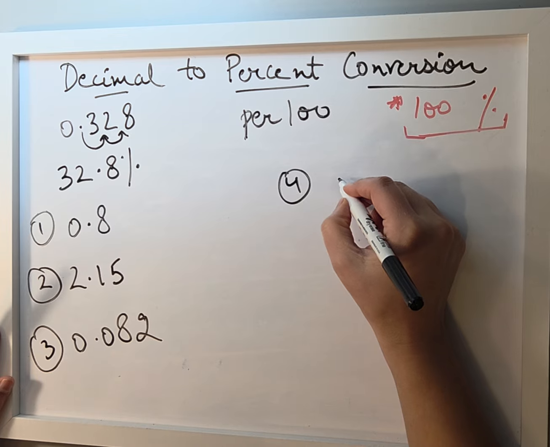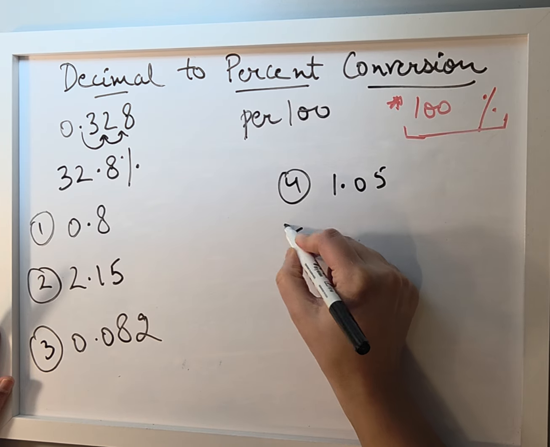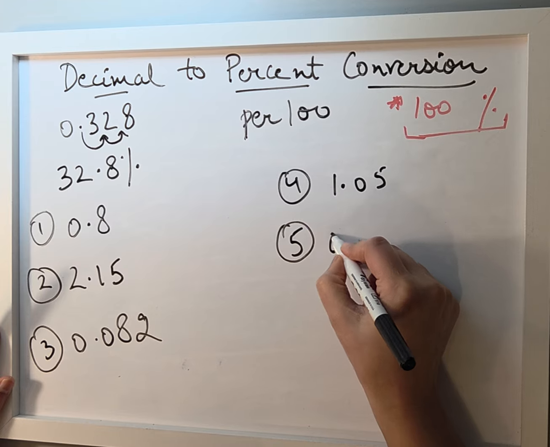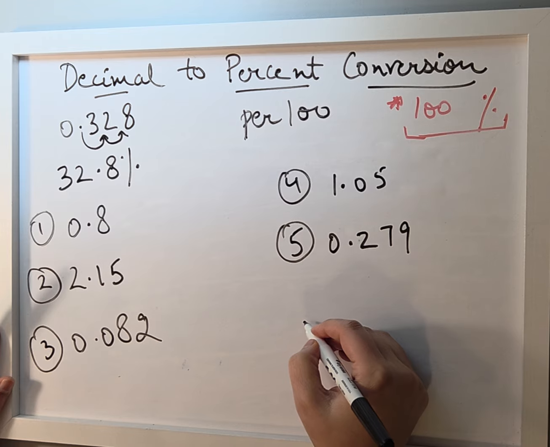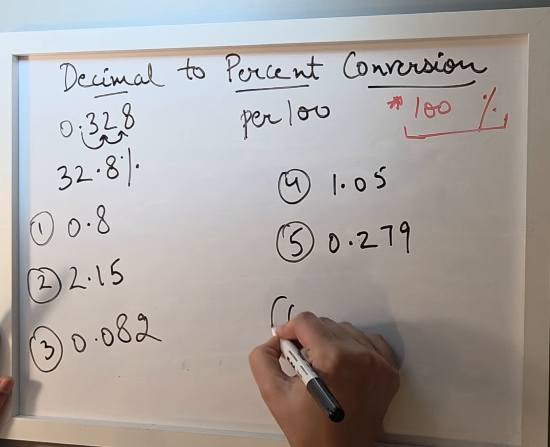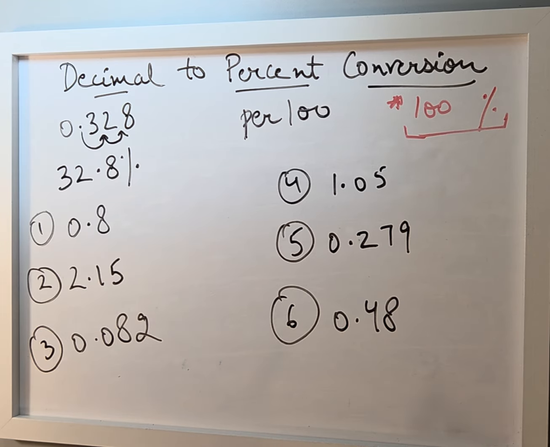We have, let's say, 1.05, then 0.279. Okay, and let's take another, 1.48.